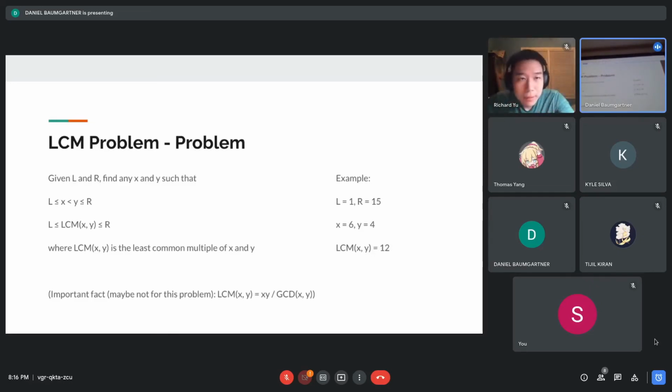GCD is a similar thing, but now you're taking the minimum. When you take the LCM times the GCD, you're taking for each prime the larger exponent times the smaller exponent, and you just get the product, as you would normally, without caring about which one's which. So, I'll let everyone think about this for a little bit.